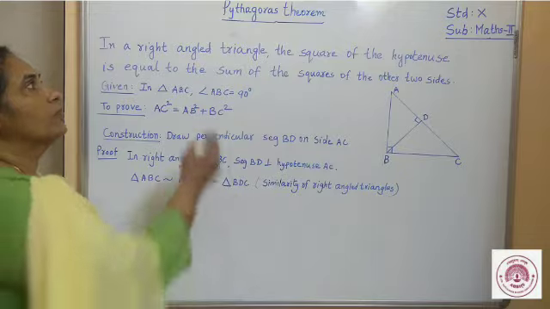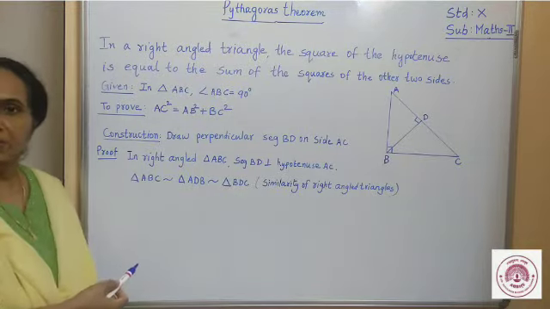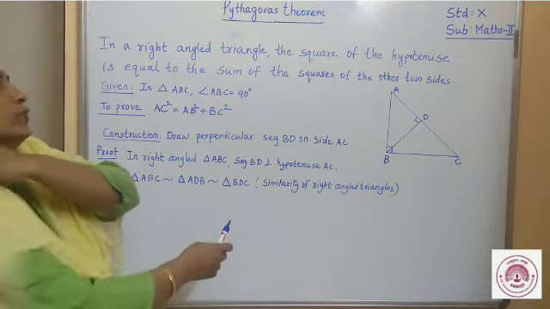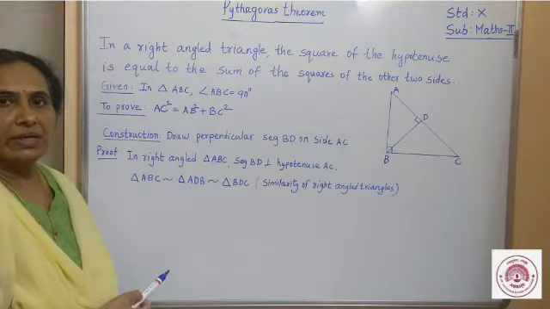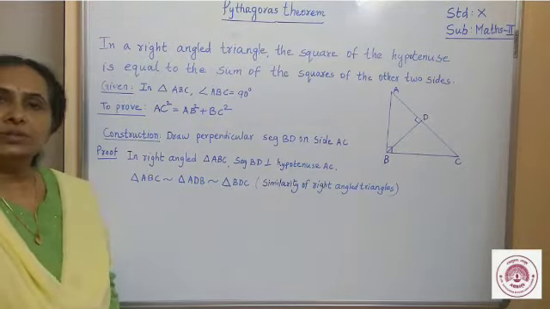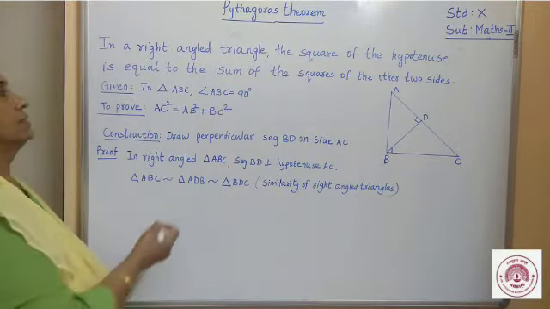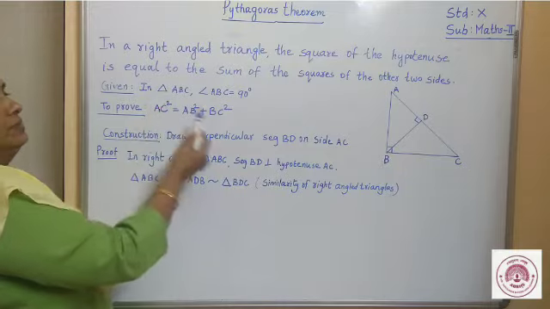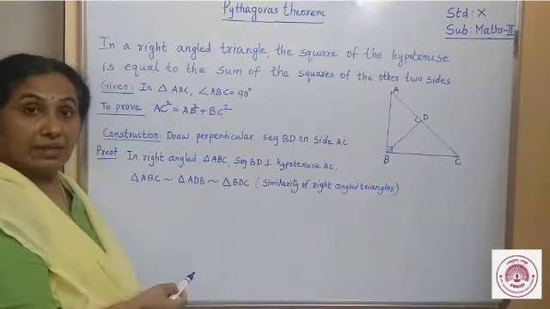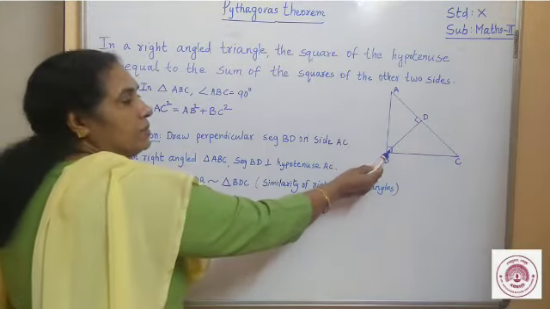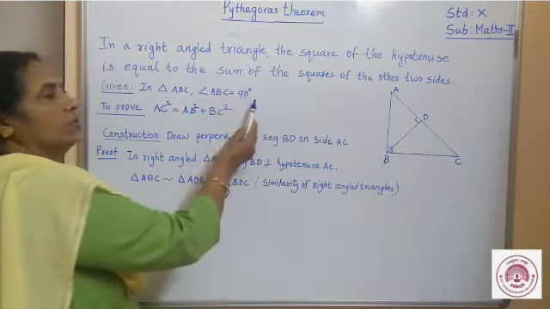Next is the proof of Pythagoras theorem. We have discussed the statement of Pythagoras theorem. Now, how to prove it? What is the statement? In a right angle triangle, the square of the hypotenuse is equal to the sum of the squares of the other two sides. So here, given triangle ABC is a right angle triangle, right angle at B, that is, measure of angle ABC is equal to 90 degrees.